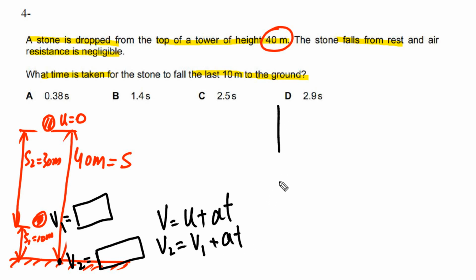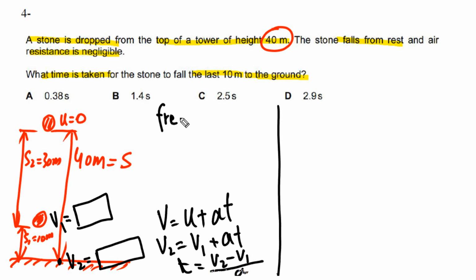So t we will find very easily. The t will be equal to v2 minus v1 over a. The value of a is given, as the stone is in free fall, because air resistance is negligible. So we can say it is in free fall.